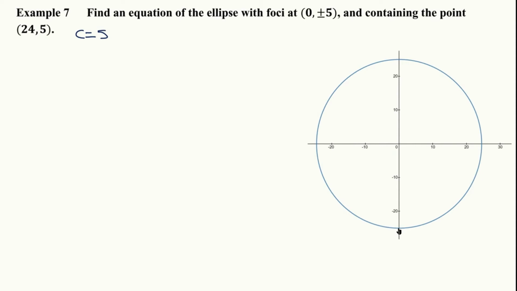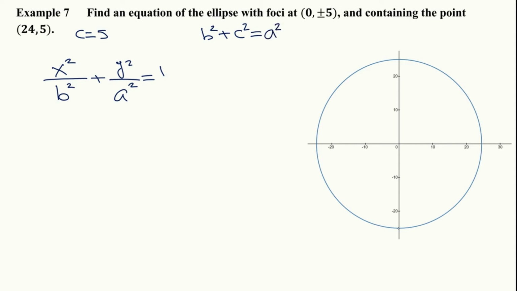We know the equation is going to have the form x squared over b squared plus y squared over a squared equals 1.